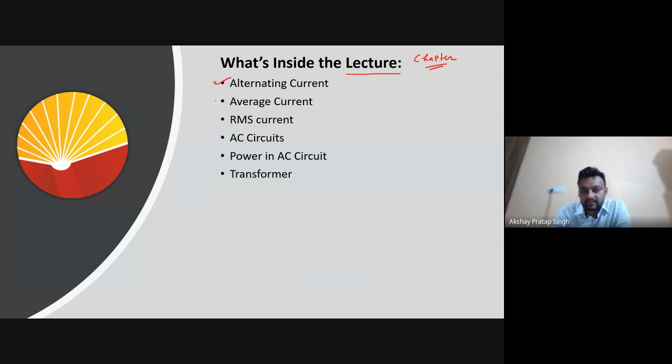Then I will discuss what is average current, what is RMS current. Then we will discuss some AC circuits. There are overall seven circuits. Then what is power in an AC circuit, and finally the transformer. In the meantime, we will also discuss the AC generator. I hope this is clear to everyone. Am I audible properly? Okay.